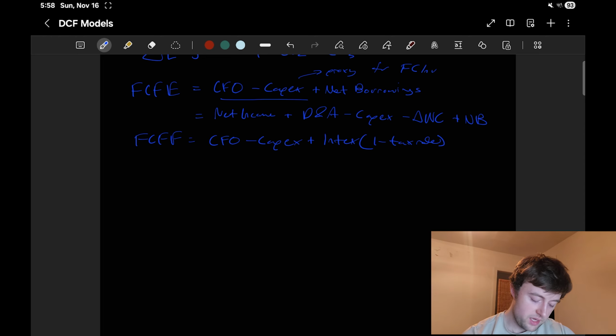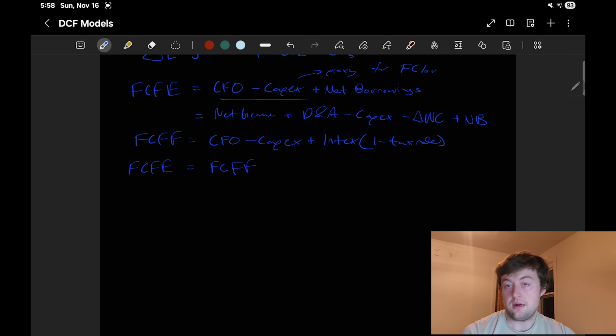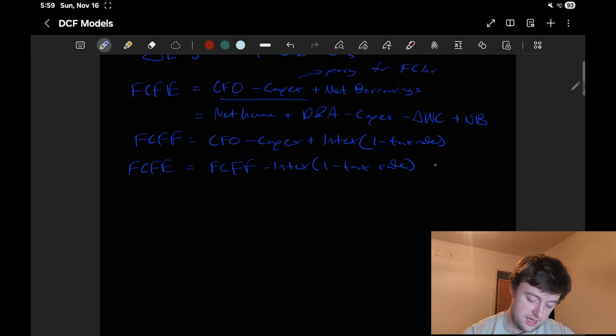Okay, so working from the free cash flow to the firm, how do we get to free cash flow to equity? Basically, free cash flow to equity equals free cash flow to the firm, and we are obviously going to want to take off our interest expense times our tax rate, and then we are going to add net borrowing.